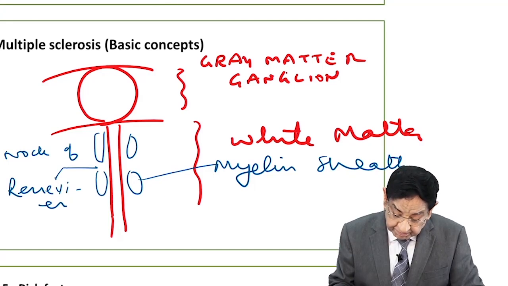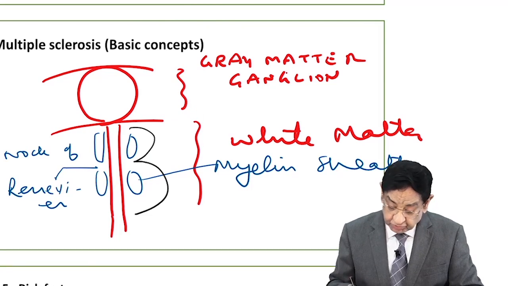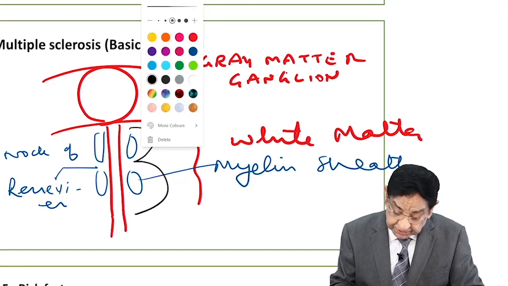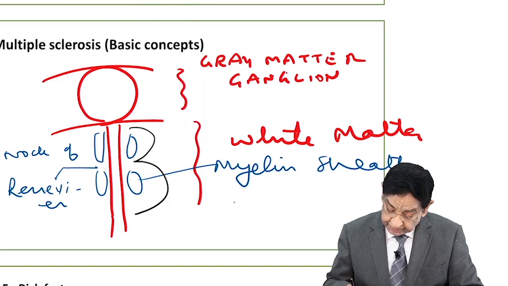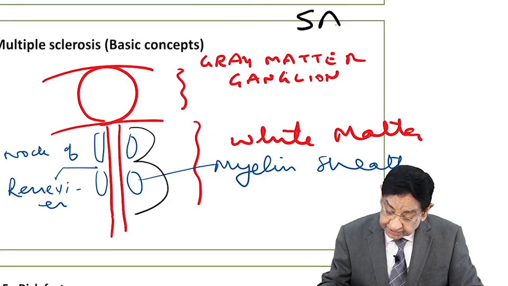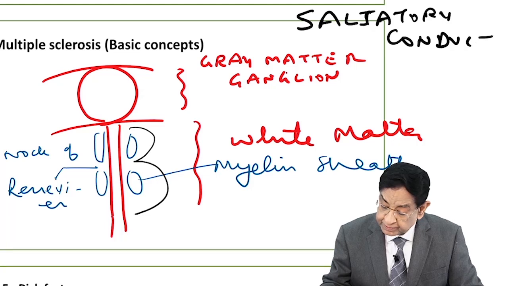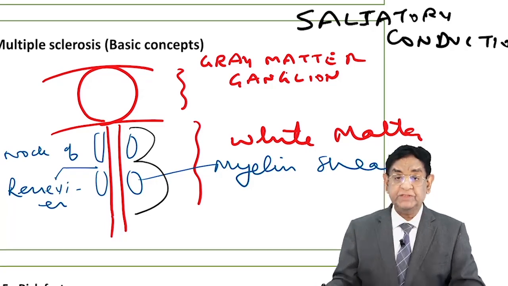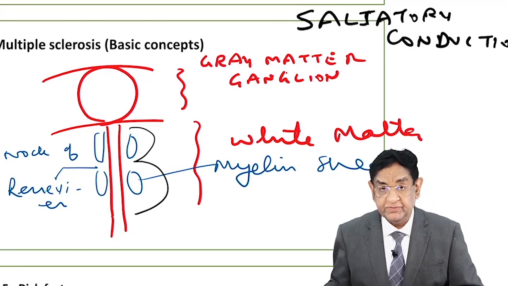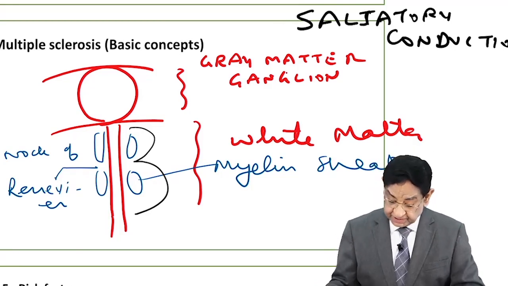That means the impulse jumps from one node to the other, and this is known as saltatory conduction. That's why the velocity is very high in myelinated fibers, right?